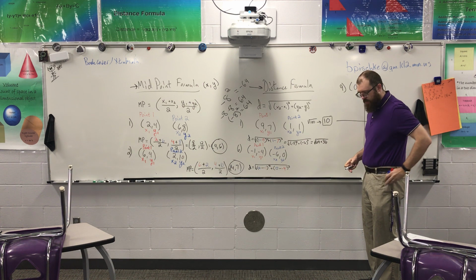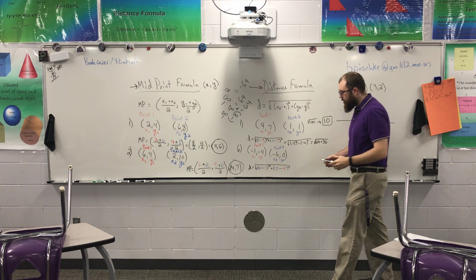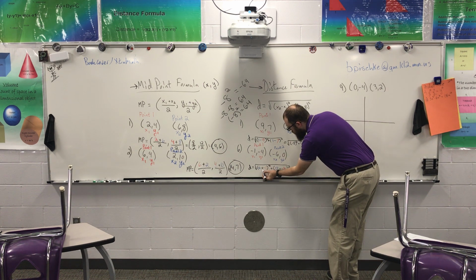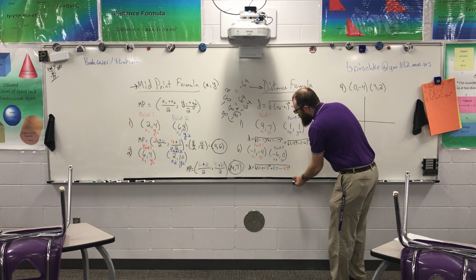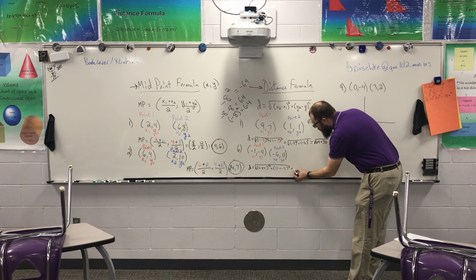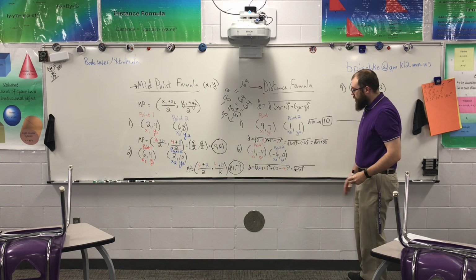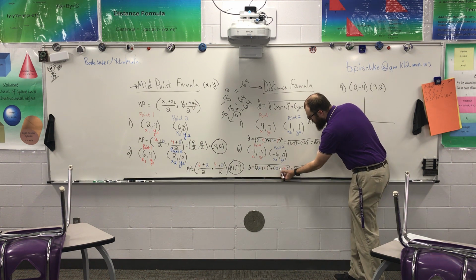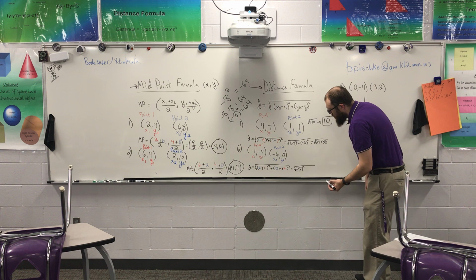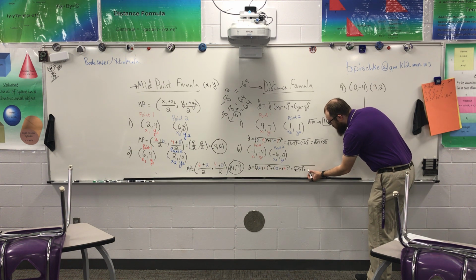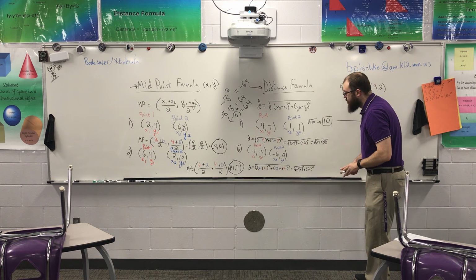Alright, this front one, chops. So I have -6 plus 1, which is -5 squared. The back one, chops to 0 plus 4, which is 4 squared.